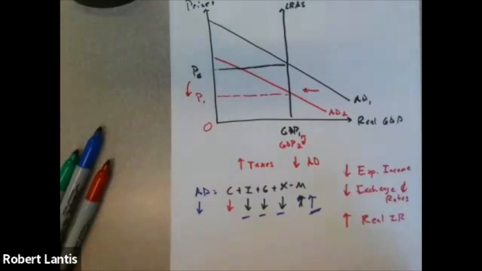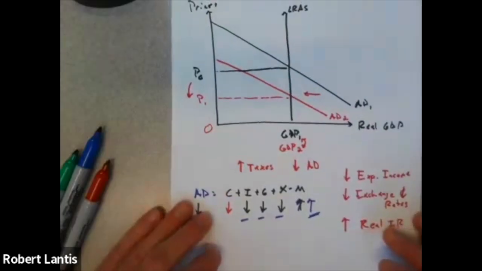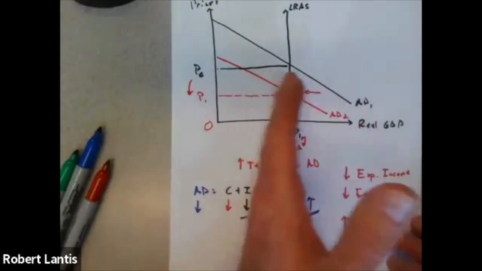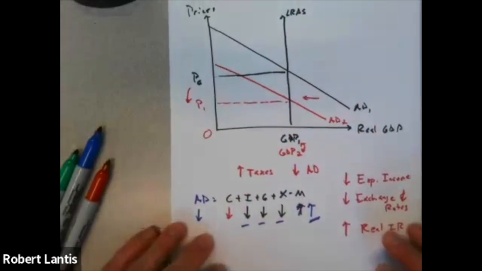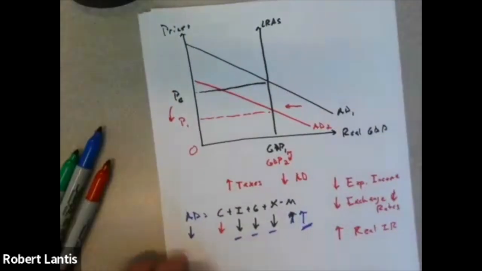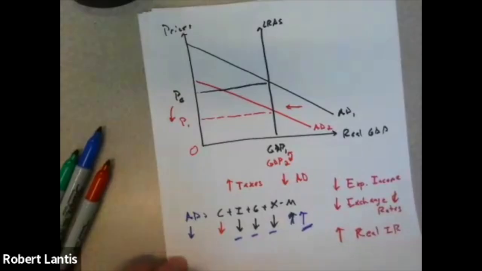Now, something else we could think about is that the only thing that's actually going to change long run GDP is if we see shifts in our long run aggregate supply. So to make this a little bit more complicated, let's look at a question like problem 5.